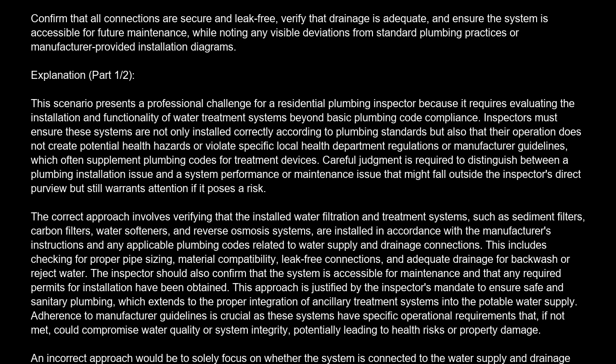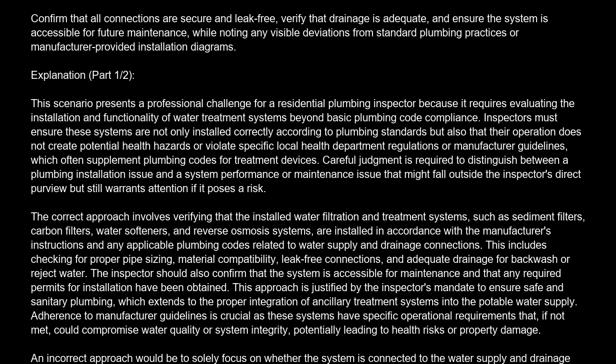The inspector should also confirm that the system is accessible for maintenance and that any required permits for installation have been obtained. This approach is justified by the inspector's mandate to ensure safe and sanitary plumbing, which extends to the proper integration of ancillary treatment systems into the potable water supply.